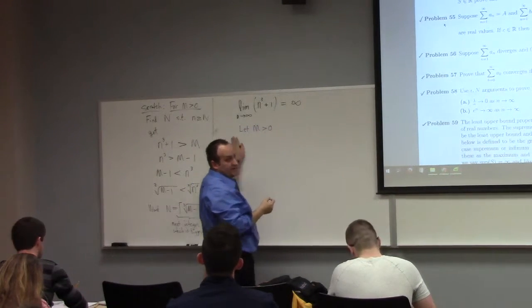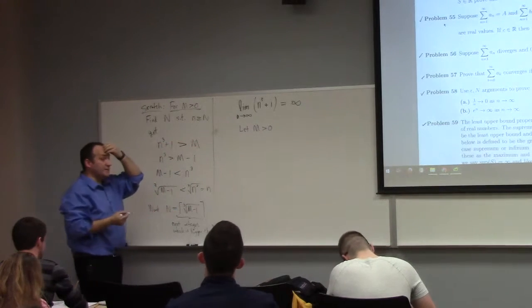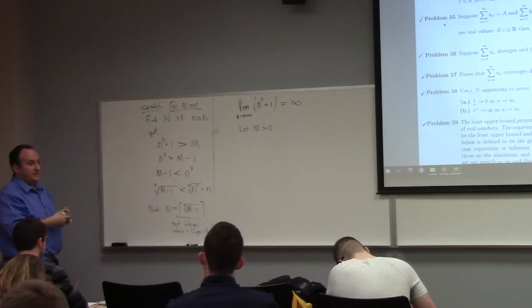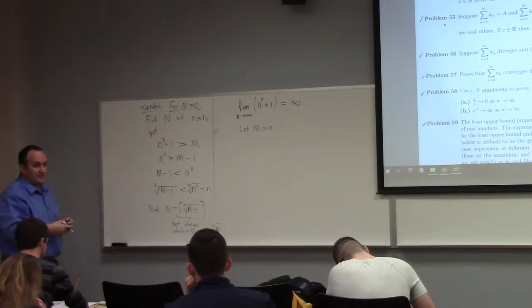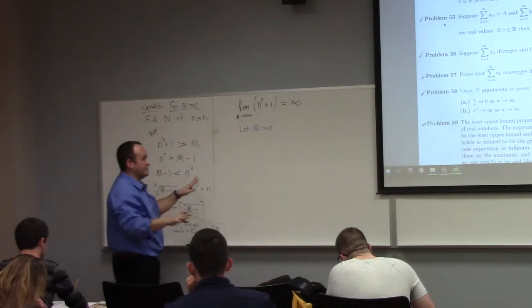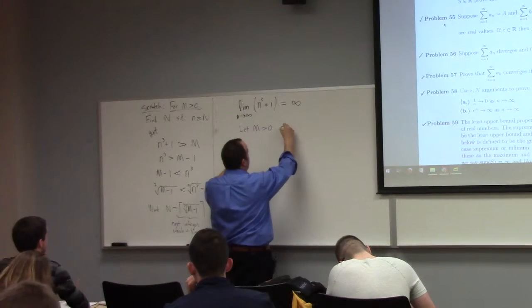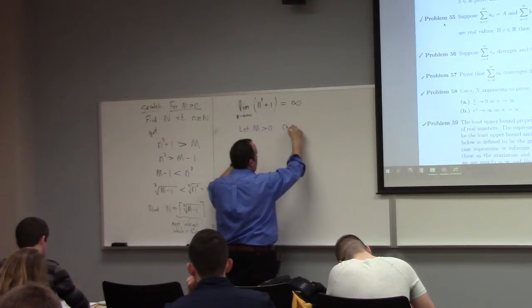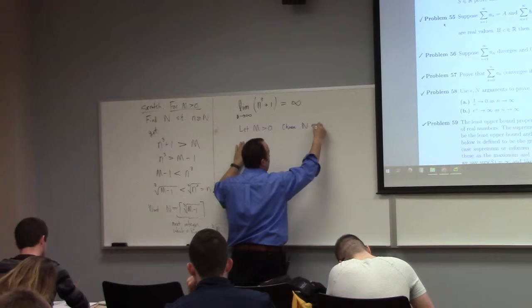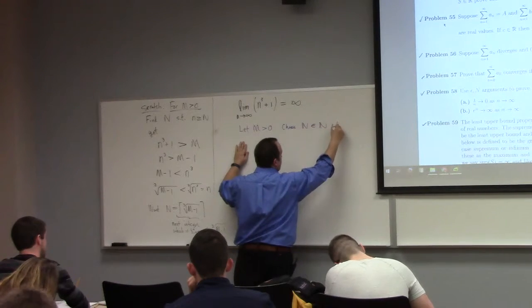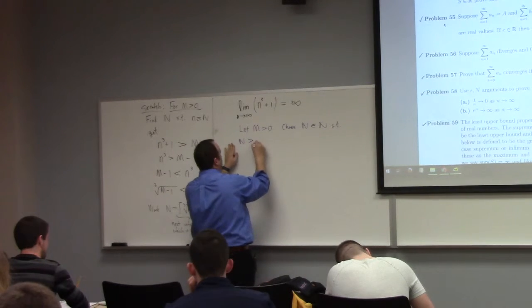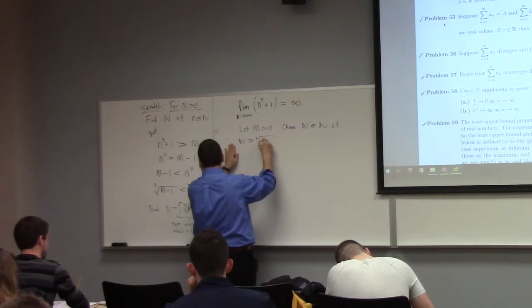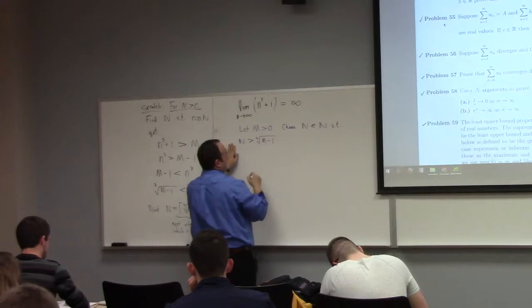Because you have to demonstrate that you can make the values of the sequence larger than any M. So you should declare this big M, a positive number, no strings attached at the start of the proof. Let M be positive. Choose N, big N, in the natural numbers such that big N is greater than the cube root of m minus 1.